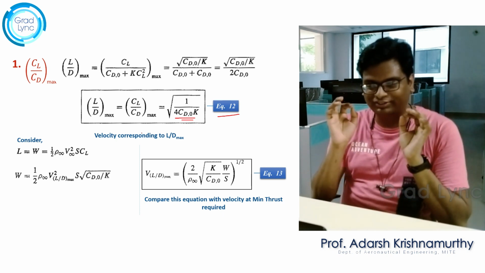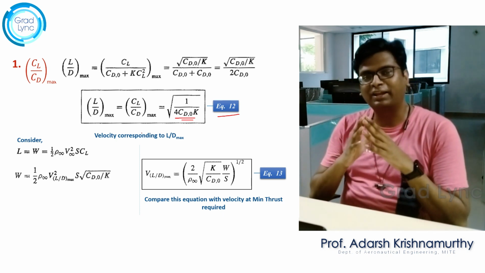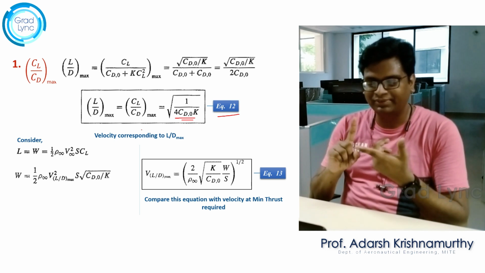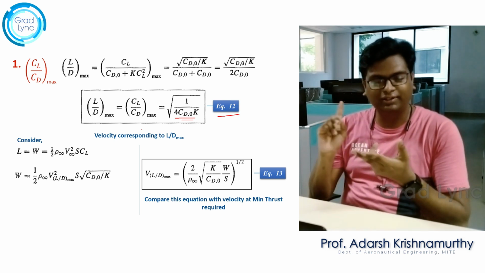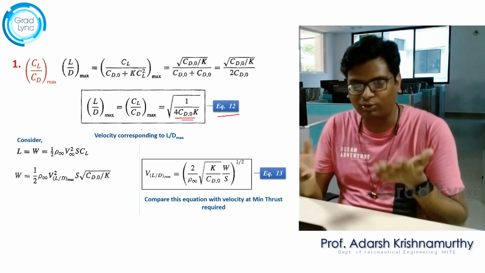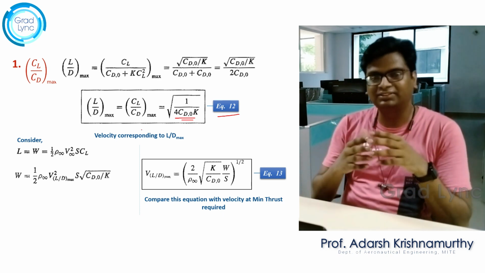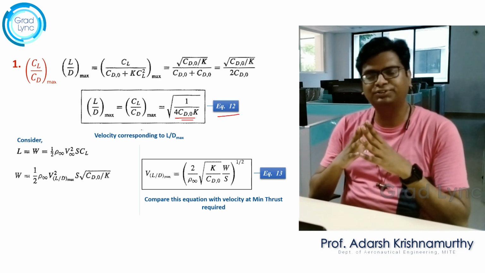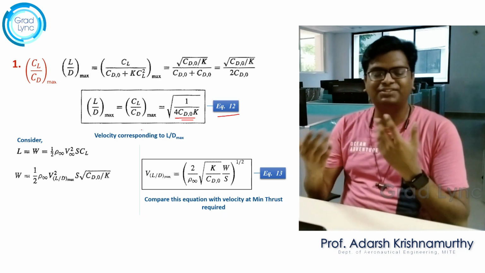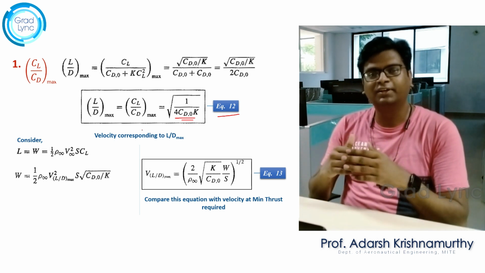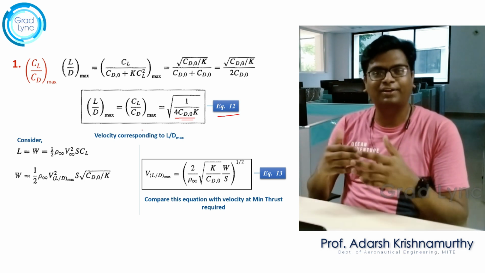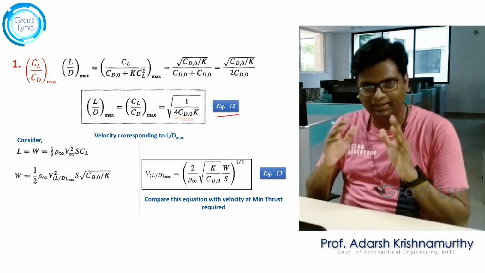Right? For this, to know all the 3 parameters, I need to know only the parasite drag coefficient and the lift dependent drag coefficient. So both of these are experimental values, and I can change the value of coefficient of lift by changing the angle of attack of the airfoil. Clear?